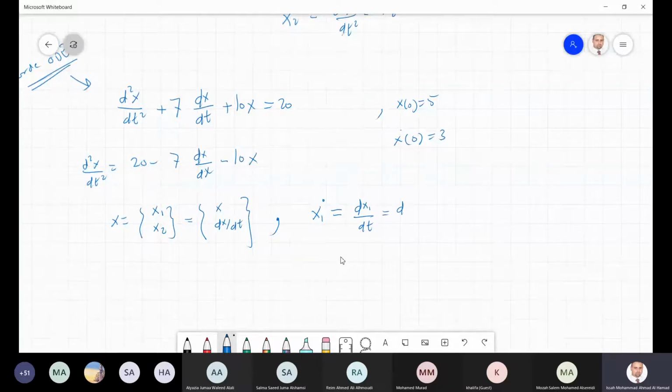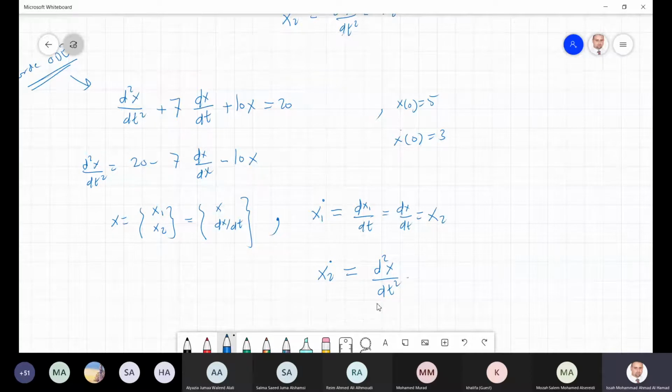Which is the same dx over dt and equals x2. Then x2 dot equals d square x over dt square, correct?